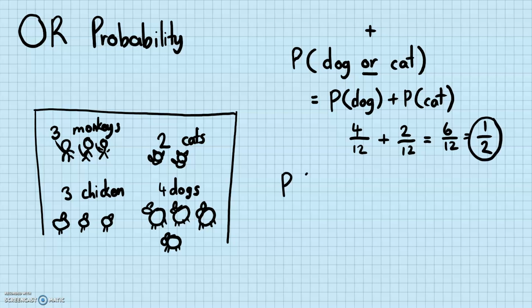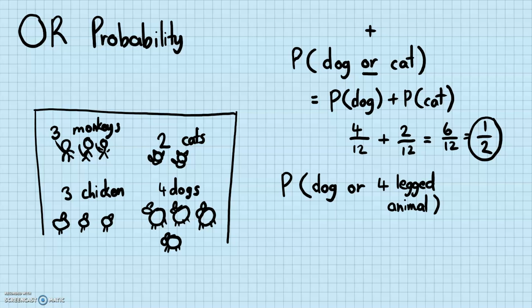But if you look at the probability of picking a dog or a four-legged animal, is this mutually exclusive or not? Is it possible to pick both dogs and four-legged animals? And the answer is yes, you can, because dogs are four-legged.